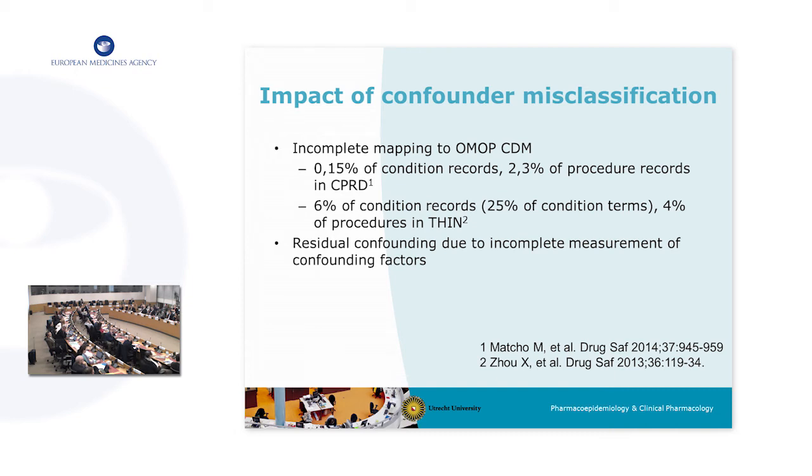Again, here is some data on the amount of incomplete mapping you might have when mapping CPRD or THIN data to the OMOP Common Data Model. Misclassification of confounders would lead to residual confounding because we have incompletely measured them, not accurately measured them. So this is something we surely need to investigate, I think, what the impact would be. Next slide, please.